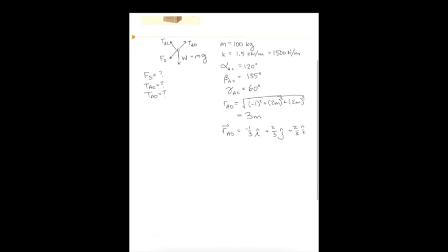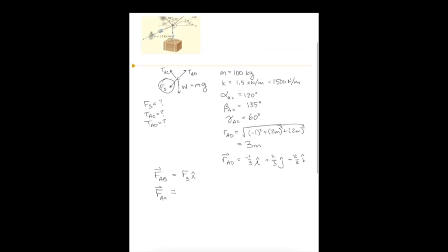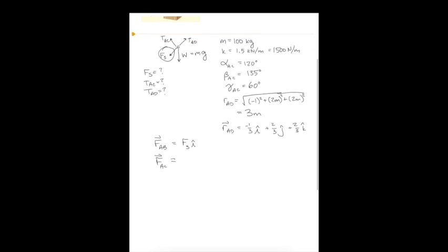So we're going to establish each of our vectors now. The vector of the force along AB, we know is just the force of the spring, and that acts only in the x direction. So that's this force right here. The force along the chord AC has multiple components, so it's going to act in the x, y, and z direction.